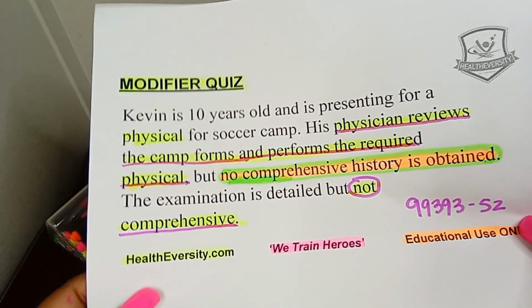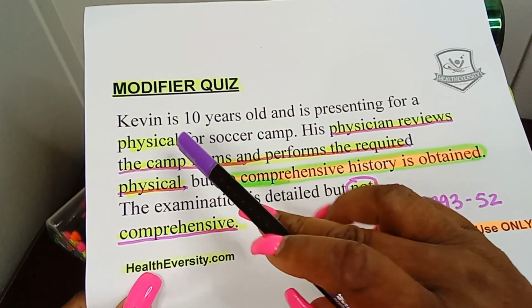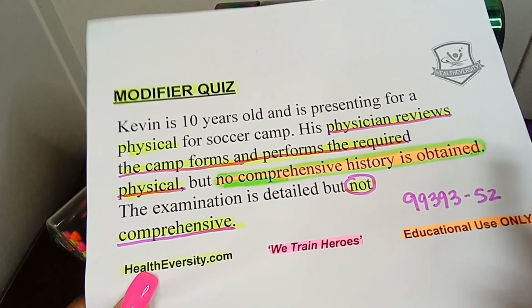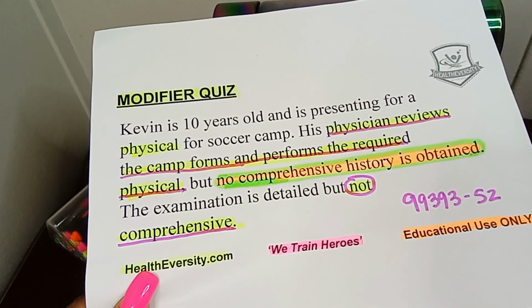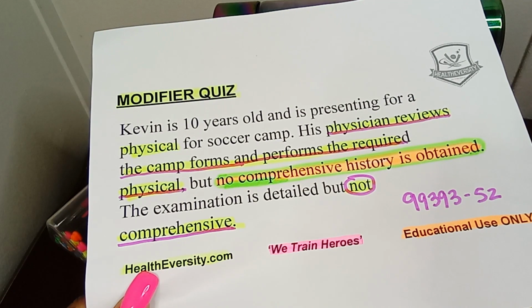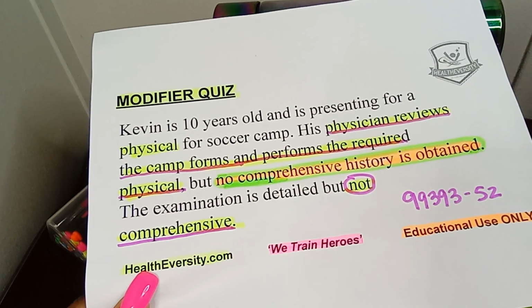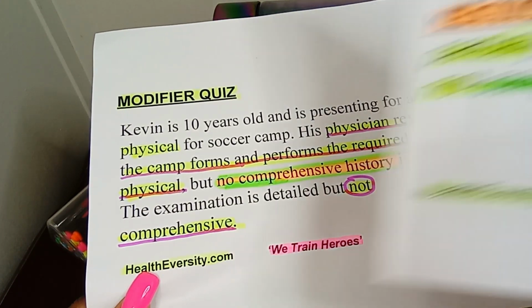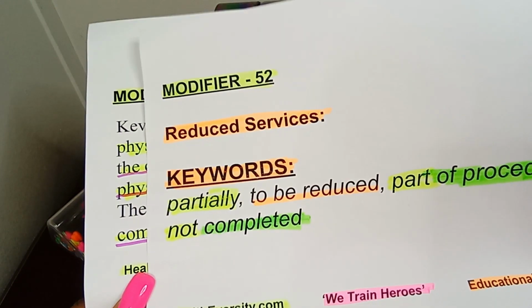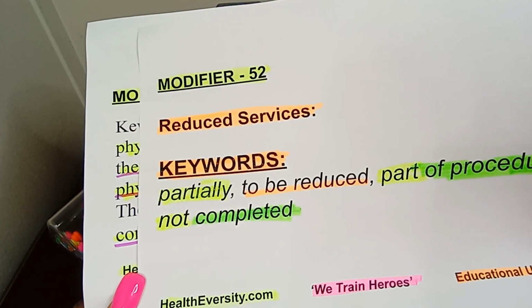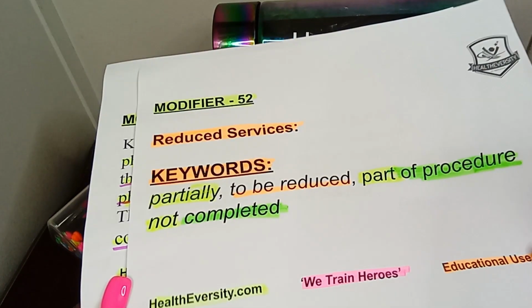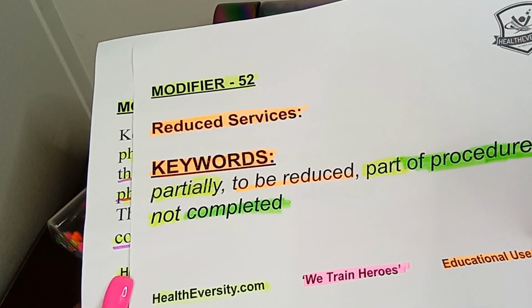So what happens? This is what he presented for this physical right here. Okay? And then the physician reviews the camp forms, right? That is required. Okay? So look at this now. See? It says reduced services, partially reduced, part of a procedure not completed.